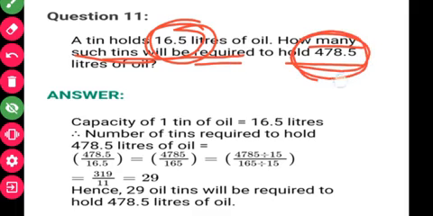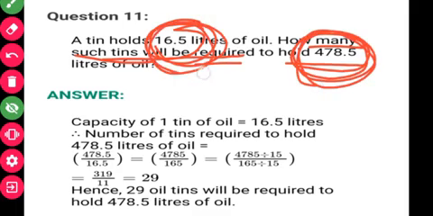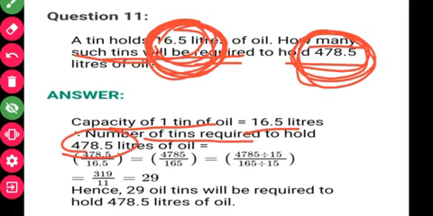So we will divide the total by the capacity of one tin. The capacity of one tin of oil is 16.5 liters.